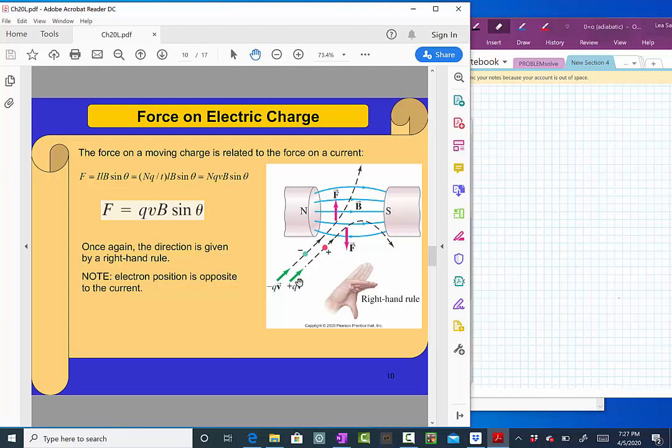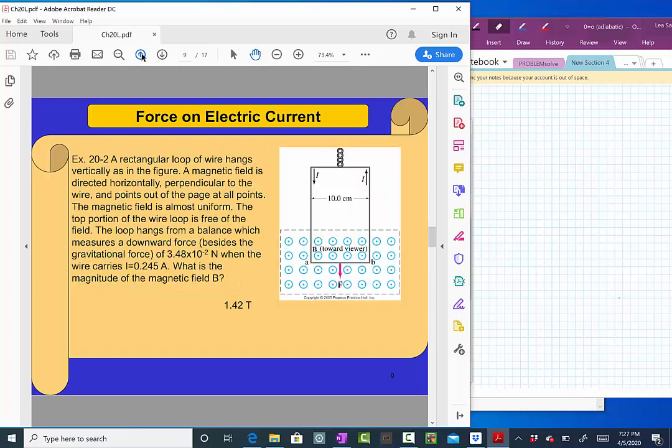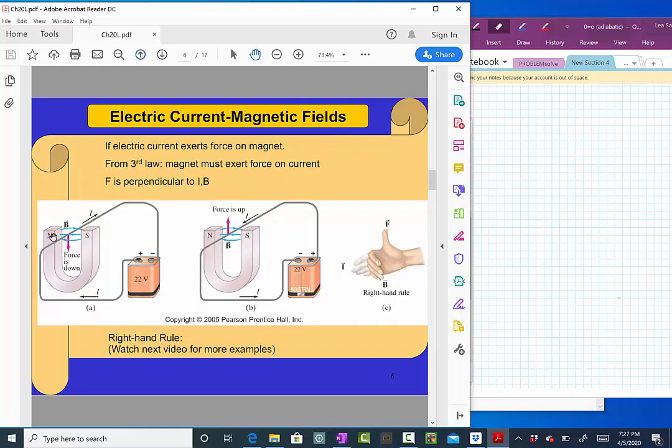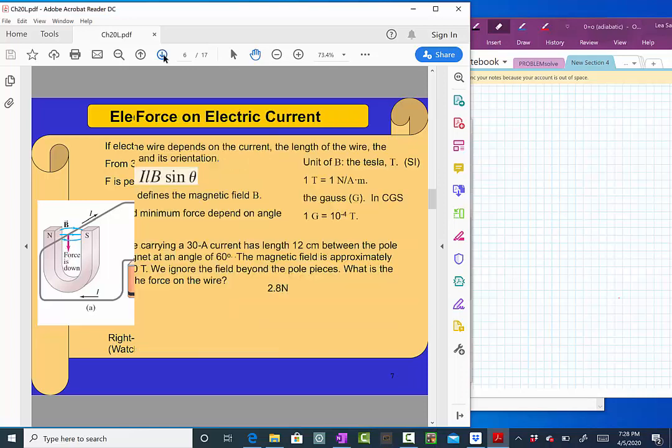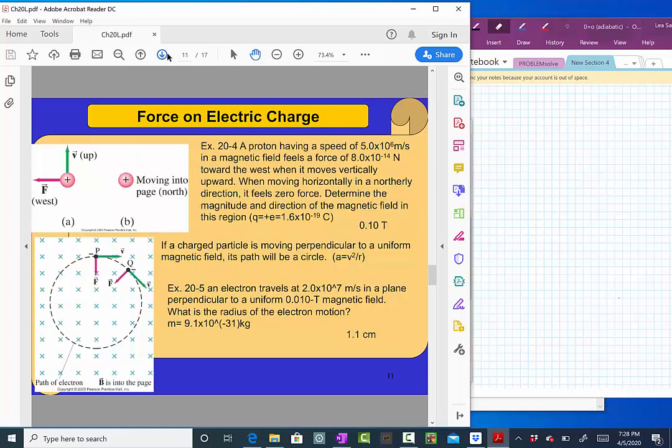The velocity is into the page, so my four fingers point into the screen. The palm points to the right, and so I get a force pointing down. Exactly the same idea as in the current case: four fingers into the page, palm to the right, and force pointing down. So we employ the same rule.